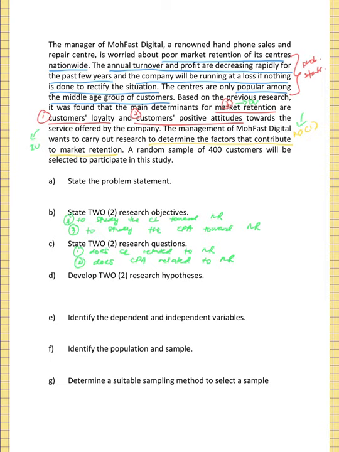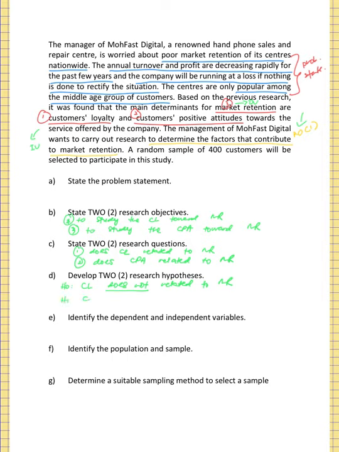Okay, so tadi kita buat soalan, does customer loyalty related to market retention? So dia punya hypothesis kat sini kita boleh develop adalah H0 kita, customer loyalty does not related to market retention. Okay, ingat H0 dia mesti ada perkataan not tu.